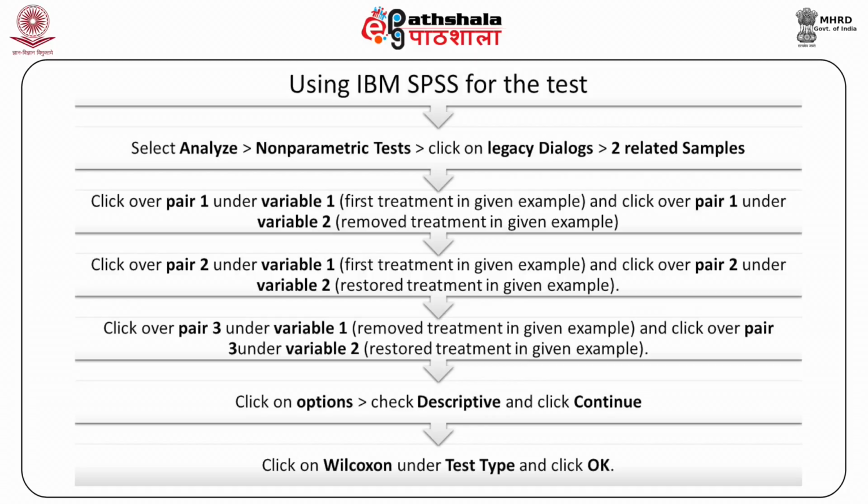Click over pair 3 under variable 1, removed treatment in the given example, and click over pair 3 under variable 2, restored treatment in the given example. Click on Options, check Descriptive and click Continue. Click on Wilcoxon under Test Type and click OK.